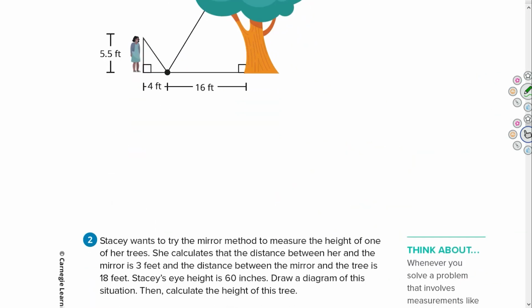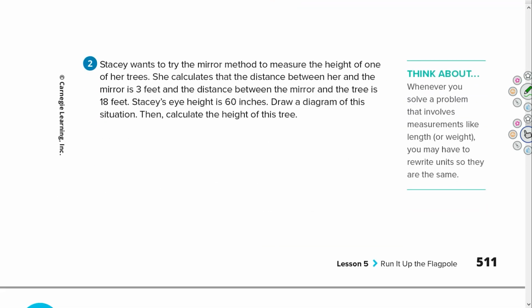All right, down here, number 2. Stacy wants to try the mirror method to measure the height of one of her trees. She calculates that the distance between her and the mirror on the ground is 3 feet, and the distance between the mirror and the tree is 18 feet. Stacy's height is 60 inches. Draw a diagram of this situation, then calculate the height of this tree.